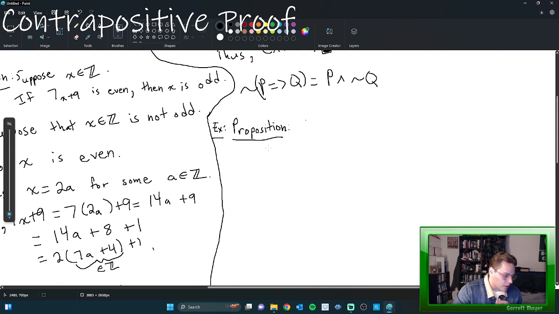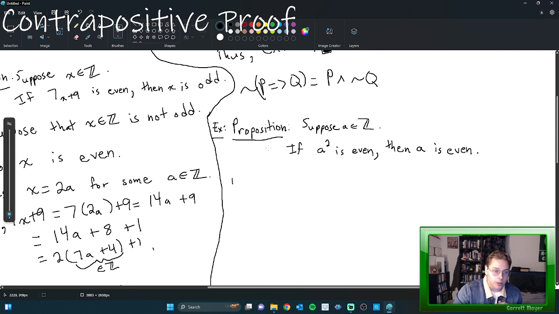So that's the negation of the conditional, and our statement is going to be: suppose a is an integer. Then the statement is, if a squared is even, then a is even.